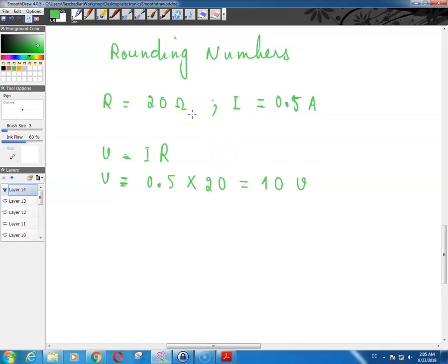When you take any course in physics, there are all of these rules for rounding numbers, and all of this business of the number of significant figures.